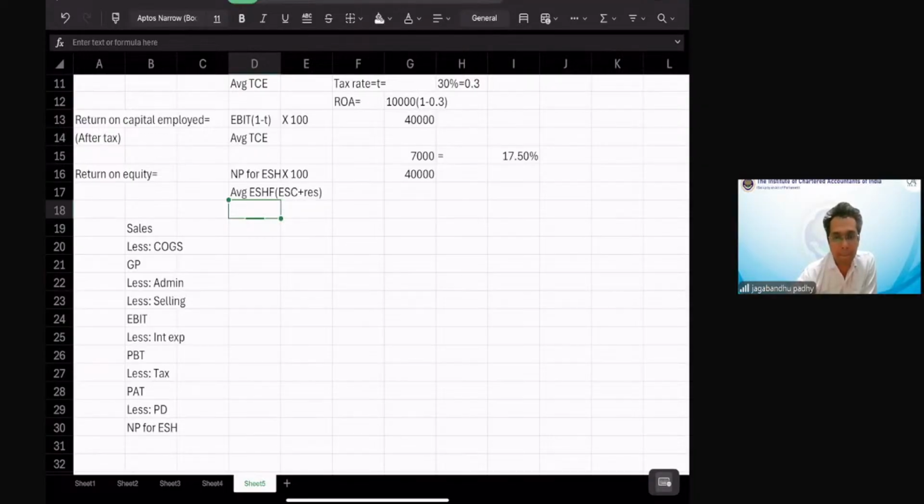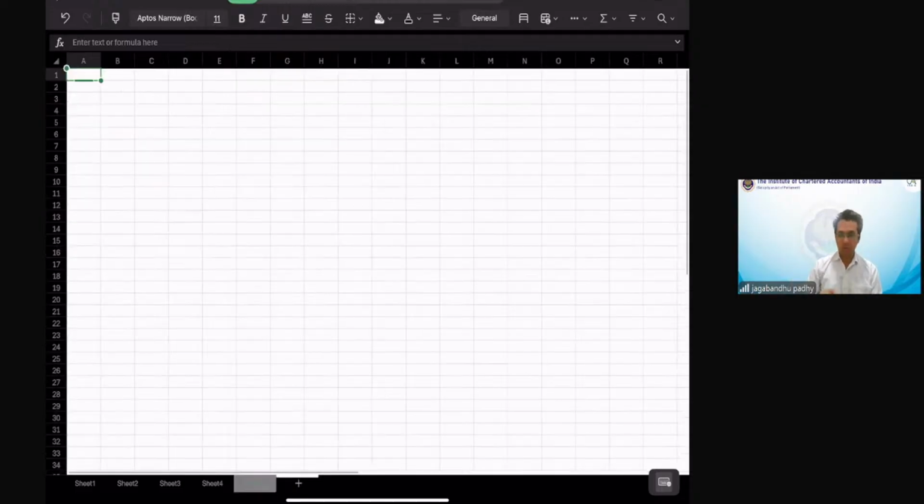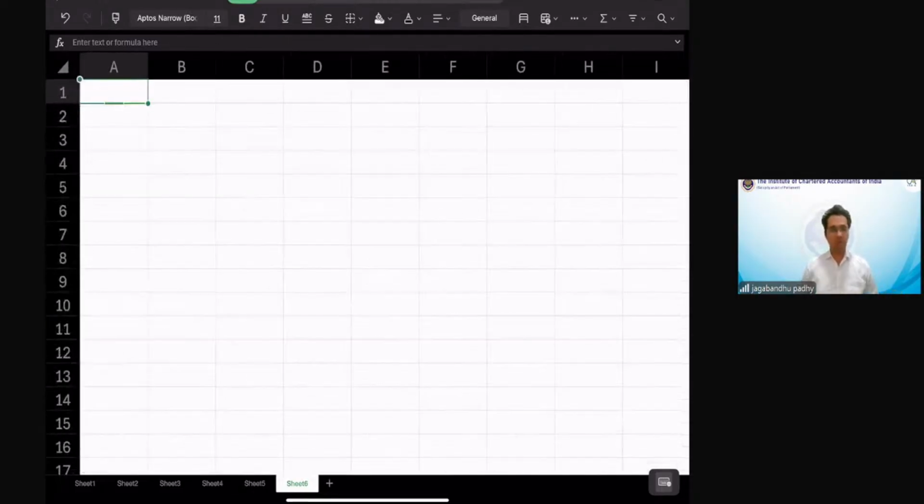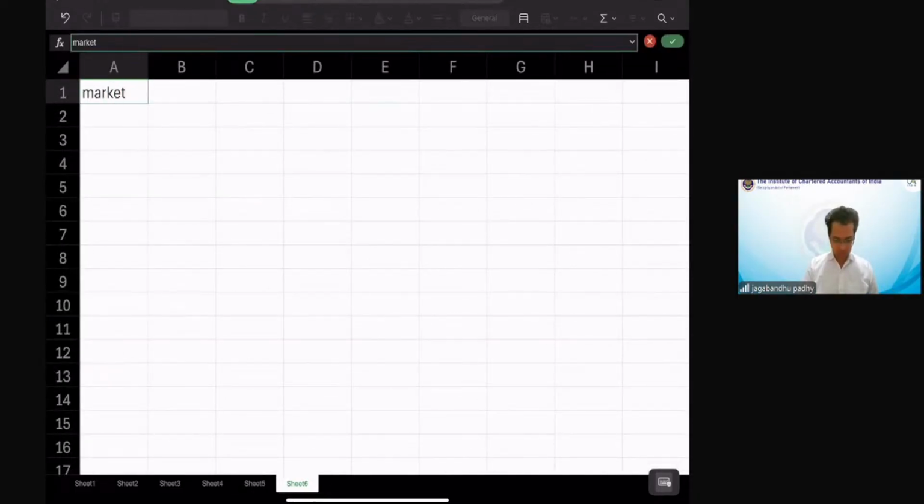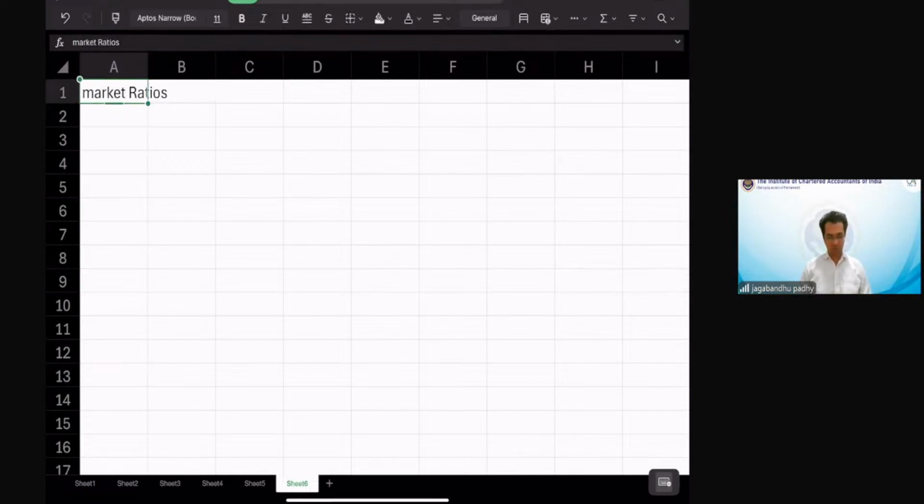Okay. Now, let's look at the last set of ratios, which are the market ratios. Let us understand these market ratios with the help of certain numbers.